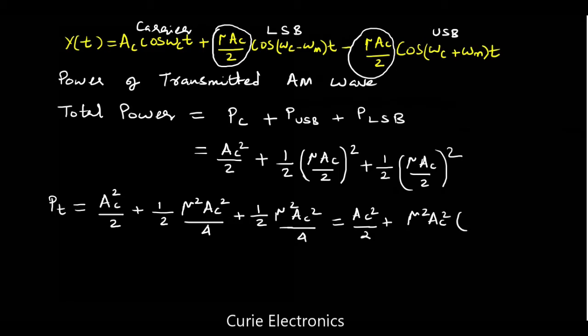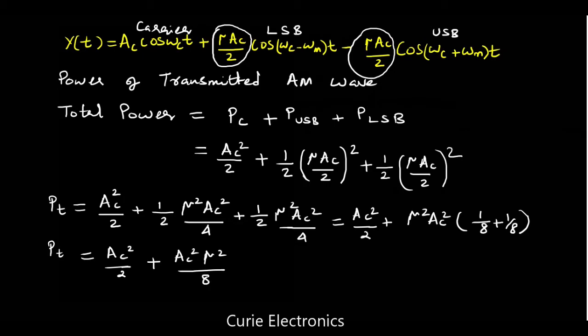Inside the bracket, 1 by 8 plus 1 by 8 gives 2 upon 8, so 1 by 4. So PT equals Ac square upon 2, and if we add both the sidebands, we get Ac square mu square upon 8.